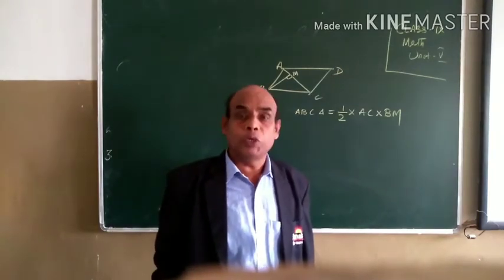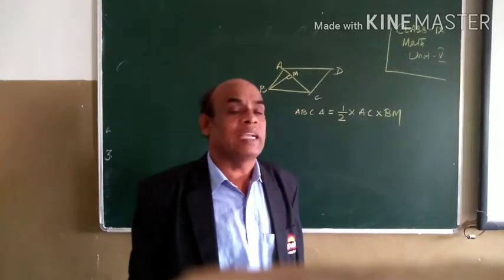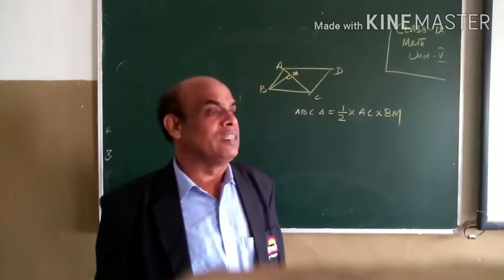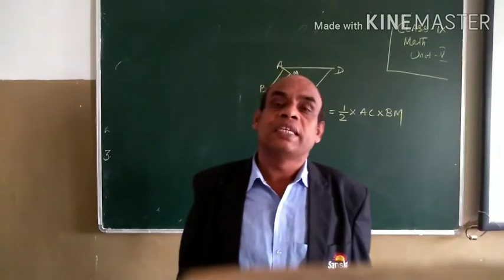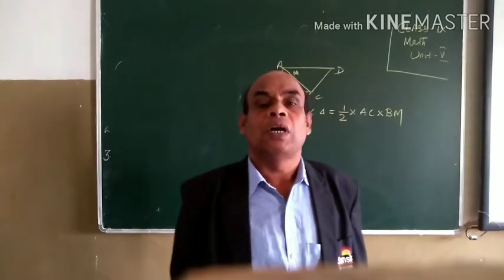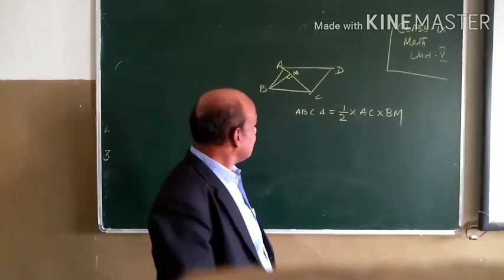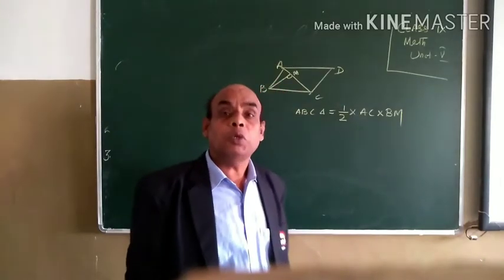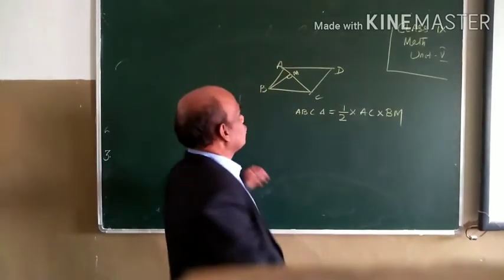Because already I told you, if in a triangle base is given and height is given, then the area of the triangle is half into base into height. But ABC area is equal to ADC area.